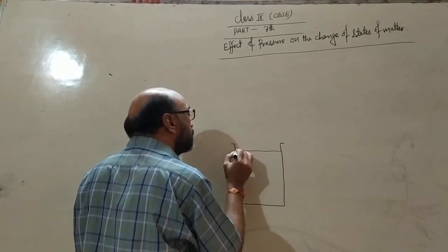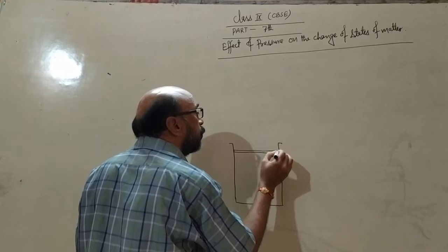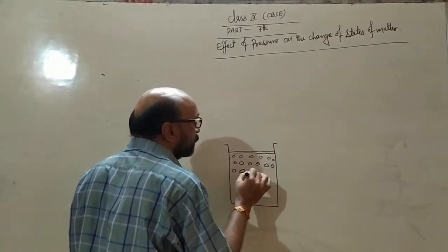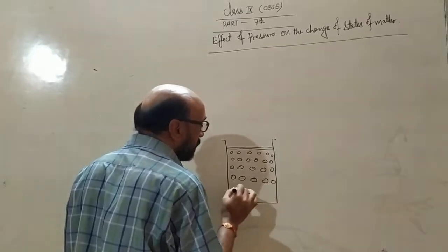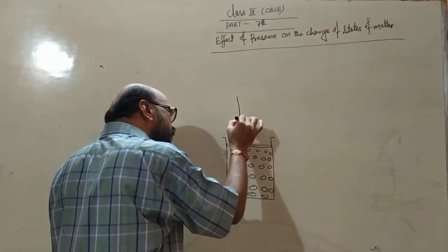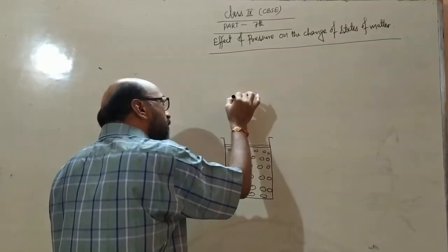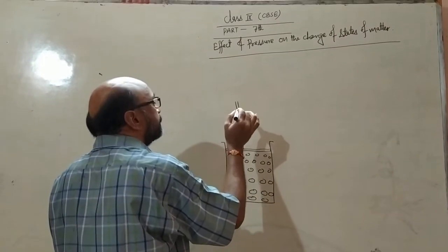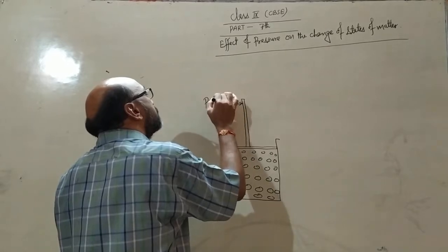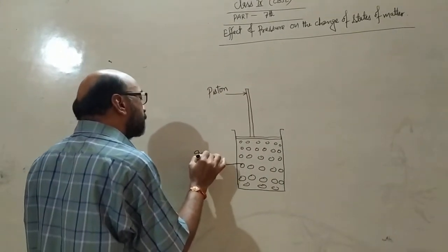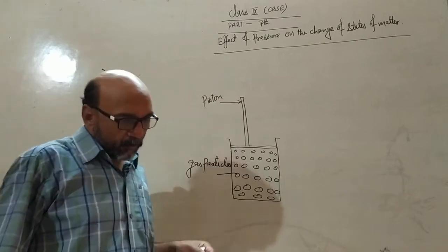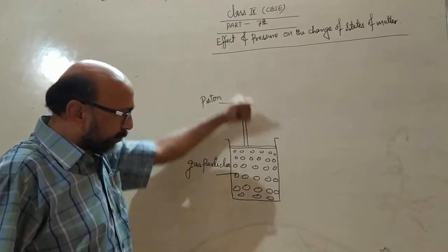Suppose these are the gaseous particles. And this is a piston, and these are gas particles. When we exert pressure on this piston, what happens?